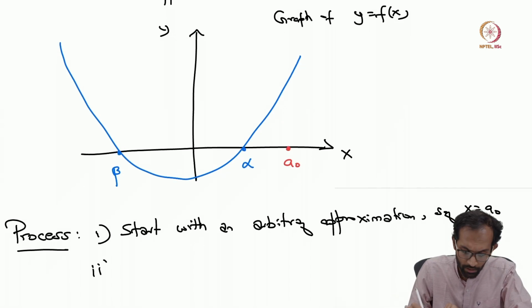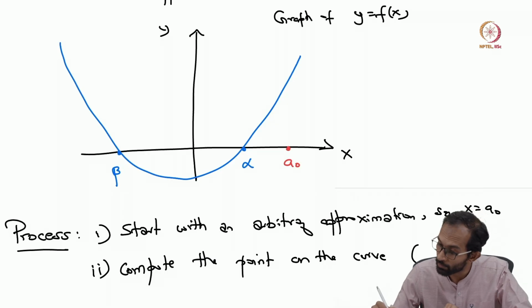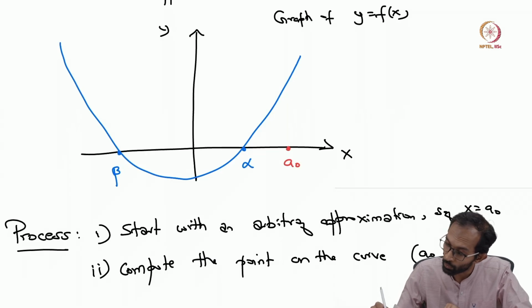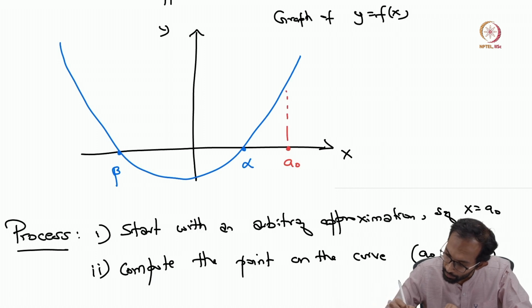Now you compute the corresponding point on the curve. You plug in x equals a naught, and then y is f of a naught. So you get this point on the curve, a naught comma f of a naught.